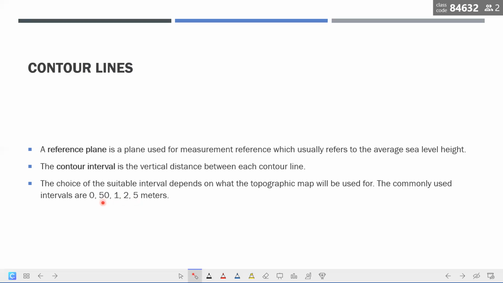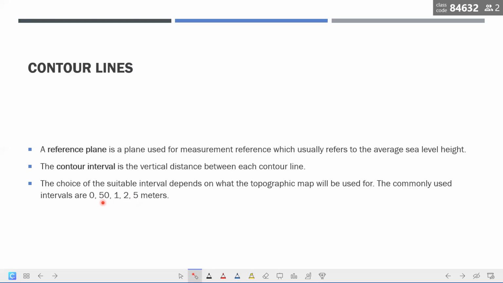But if you're working on a map with a larger scale, you might not be able to use a half meter interval.